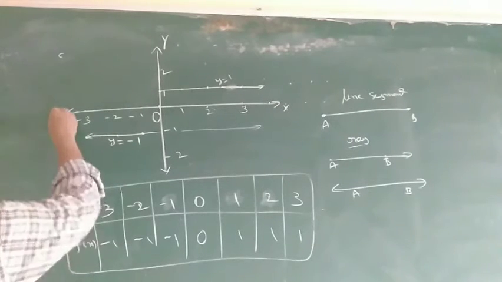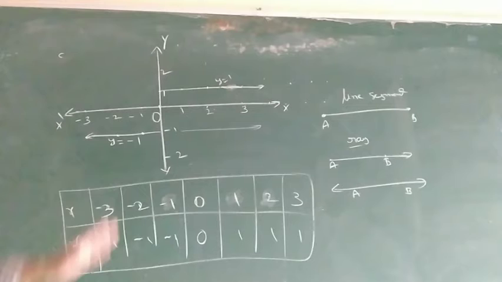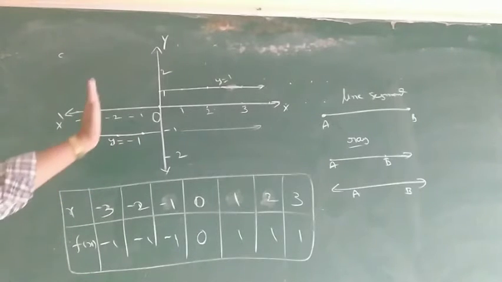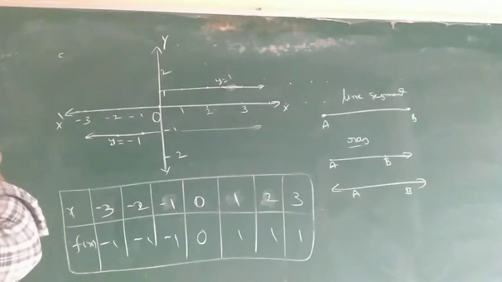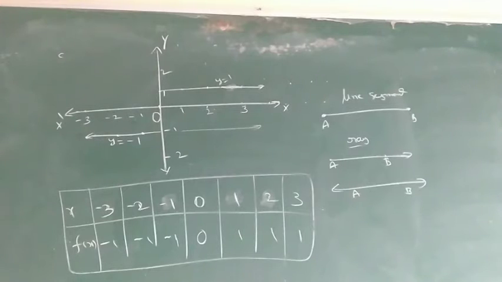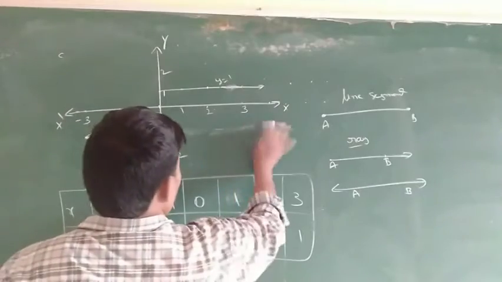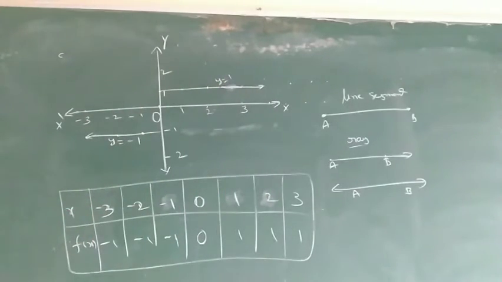OX dash is called the negative x-axis. Negative values go on the negative side, positive values on the positive side. The arrow: positive values go to the right. Negative means goes to the left. This is main important. Up, down. Left to right, right to left. This is very important.